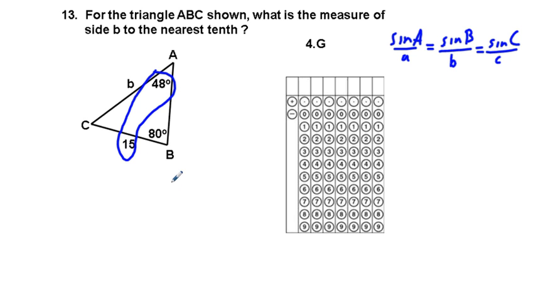And so we have a ratio, which is 15 over the sine of 48 degrees. And we know it's going to be equal to this unknown side B, the ratio of side B to the sine of angle B, which is 80 degrees. And so we can now just enter this equation in our calculator.